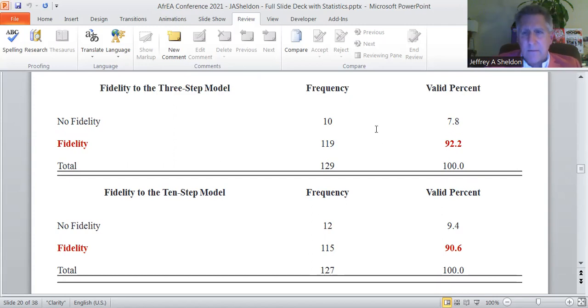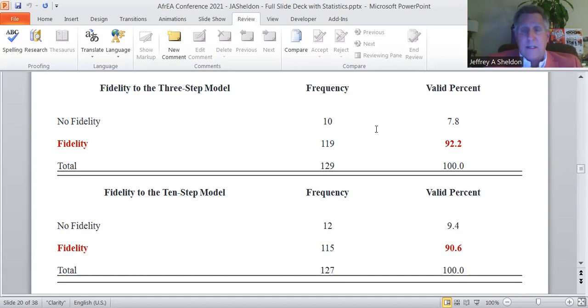Basically, when we say fidelity, each model has activities, and I had to tease out and break apart those activities.